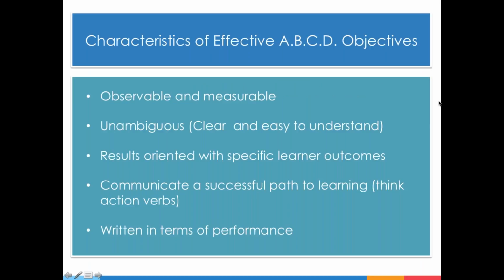So I just want to say a couple more things before I let you ask me questions. With the A.B.C.D objectives or the ABC model, you want to make sure that you are able to observe your students' learning and that you're able to measure the outcomes, that they're clear and easy to understand and not ambiguous, that the results are oriented with specific learner outcomes.